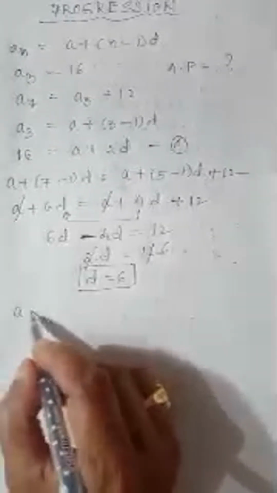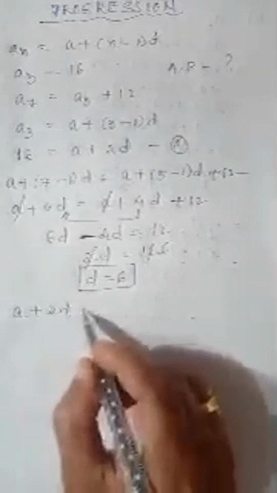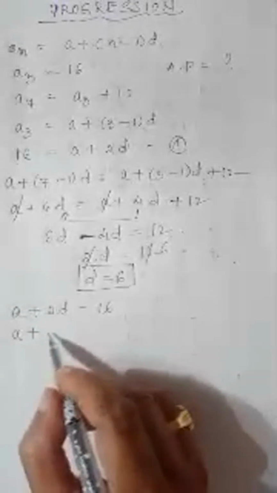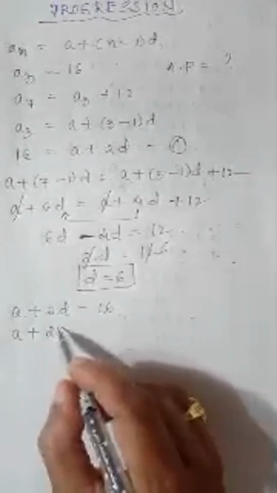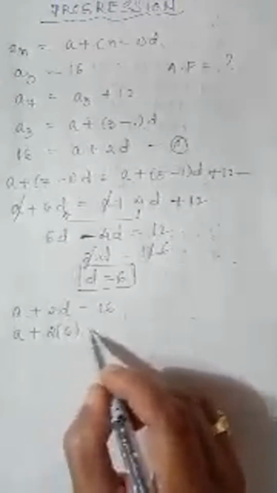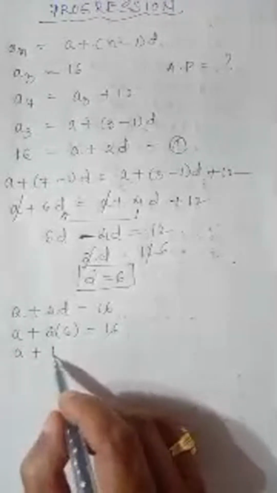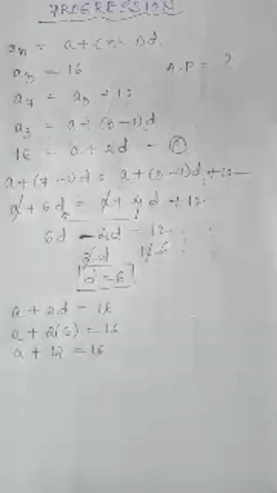Using this d, I want to find a. Here I'm going to use equation 1. So a plus 2d is equal to 16. In place of d, put 6: a plus 2 into 6 is equal to 16. Multiply: a plus 12 is equal to 16.